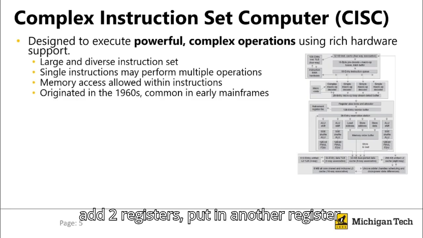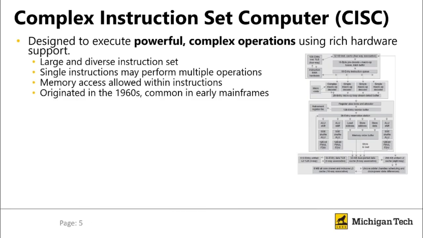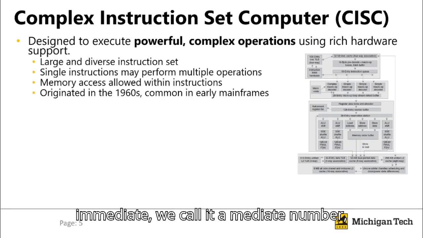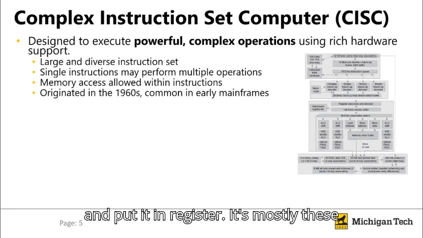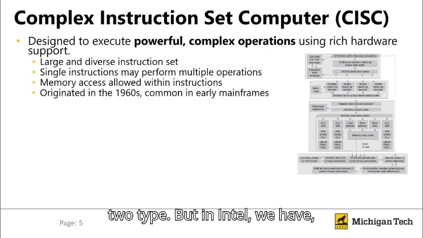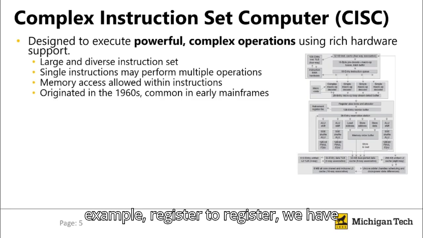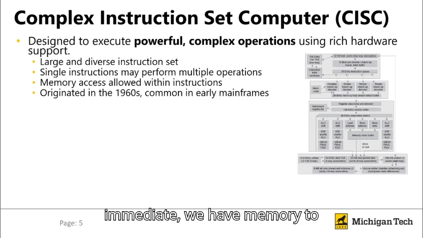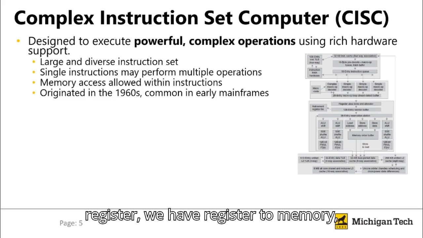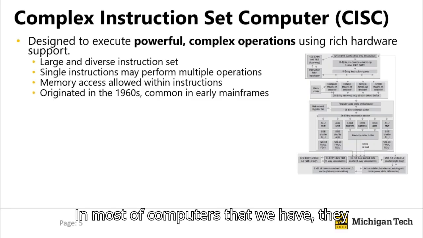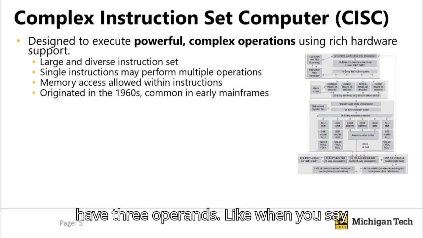Add 2 registers, put in another register, or add 1 register with a number, we call it an immediate number, and put it in a register. It's mostly these 2 types. But in Intel, we have, I think, more than 7. We have, for example, register to register, we have immediate, we have memory to register, we have register to memory, because in Intel it is 2 operand. In most computers that we have, they have 3 operands.